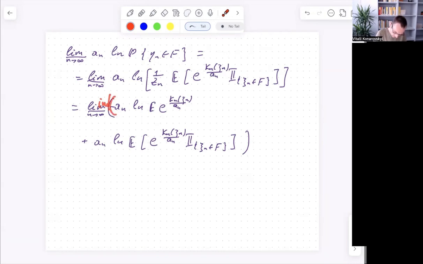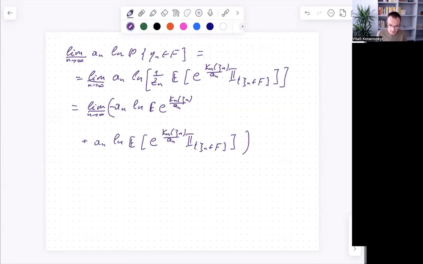If you put infimum here, then you move this infimum inside, or you move minus outside, and you will get supremum here. But logarithm is a monotone increasing function, so you can put the supremum inside the expectation. And then the supremum of k you can estimate by the supremum of the absolute value.